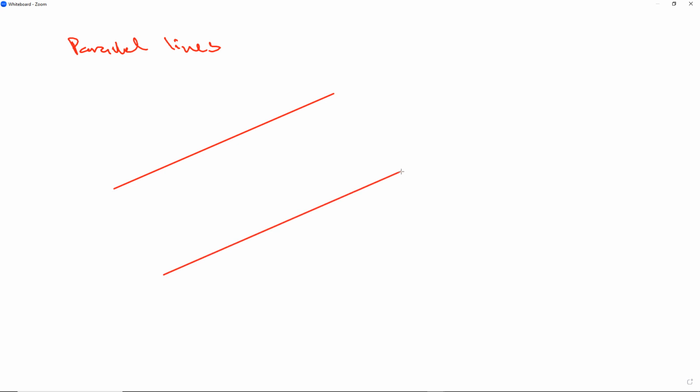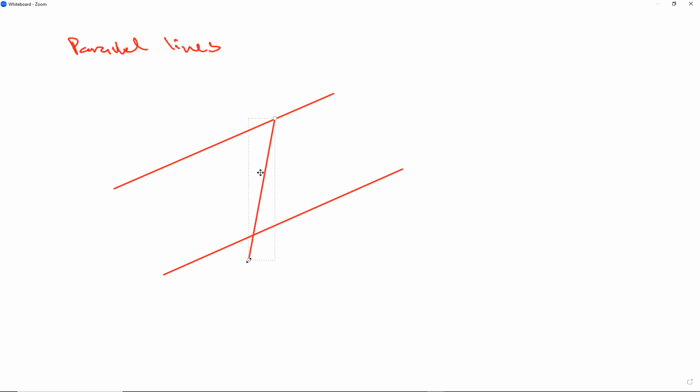All right. So when it comes to geometry, we have parallel lines for starters. If we're looking at parallel lines, what we have is the following. We've got parallel lines, which is quite a few parts to it.